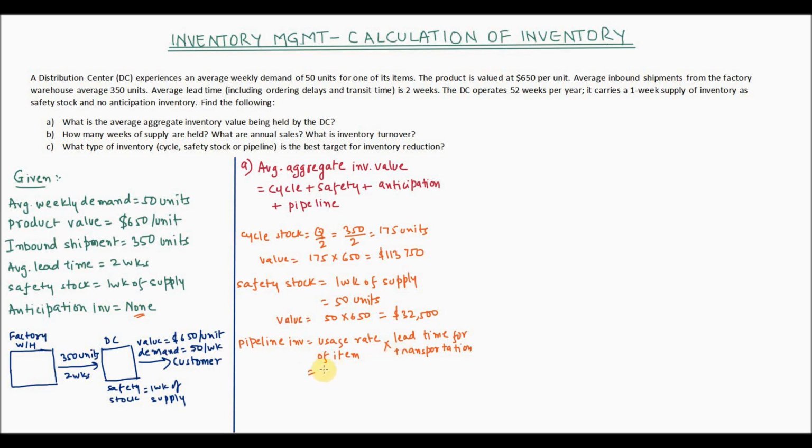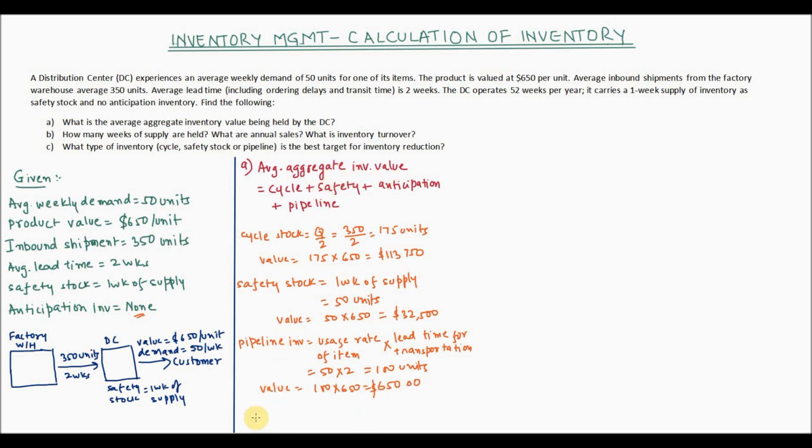So this will be equal to 50 multiplied by 2, because demand is 50 and it takes 2 weeks for transport. This is equal to 100 units. Now value is equal to 100 multiplied by 650, which is equal to $65,000.